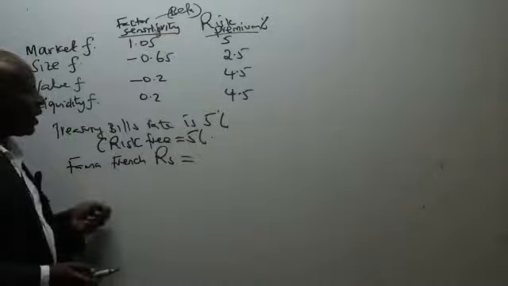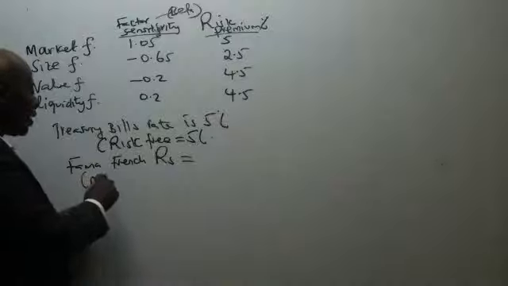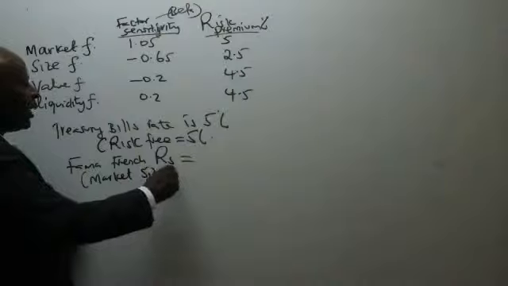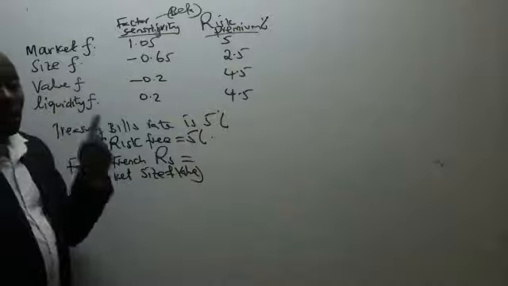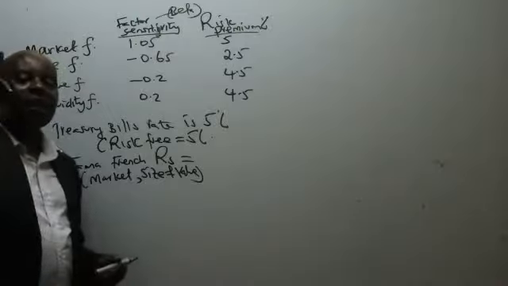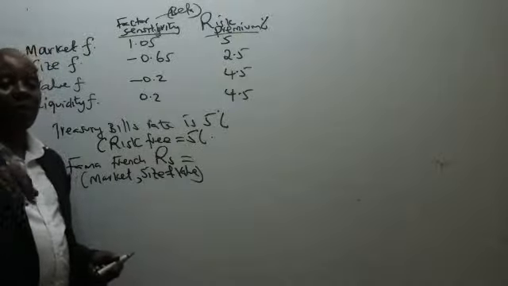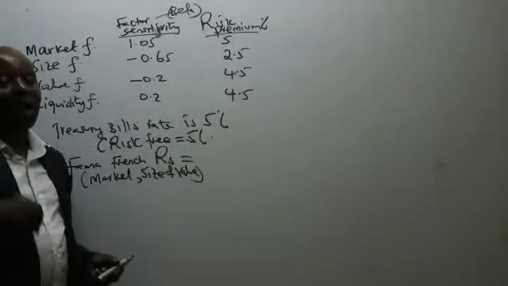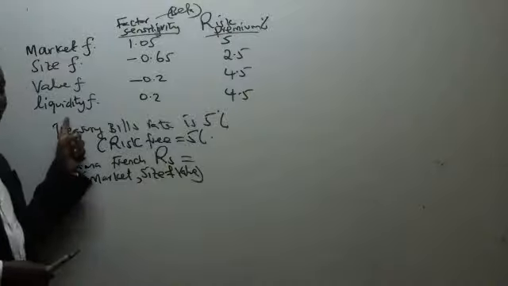And this Fama-French normally uses the market factor, the size factor, and the value factor. That is why up there when we started, I told you straight away that Fama-French is a 3-factor model. It doesn't make use of a liquidity factor.